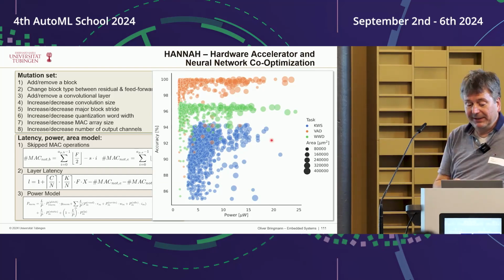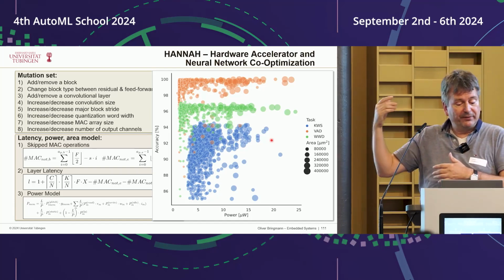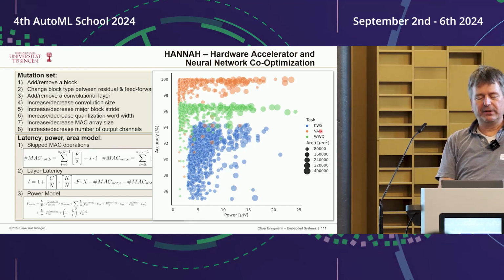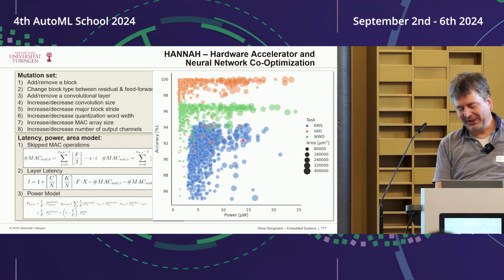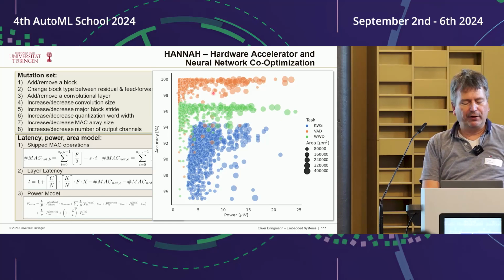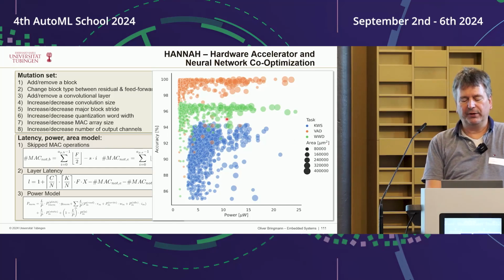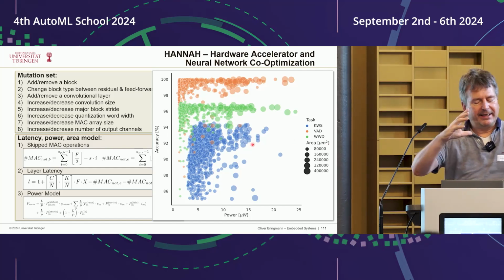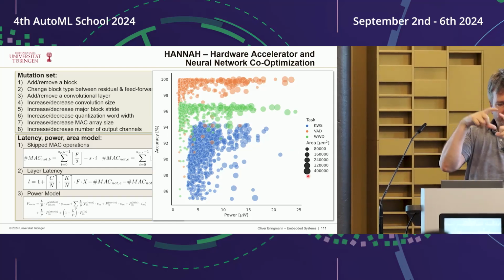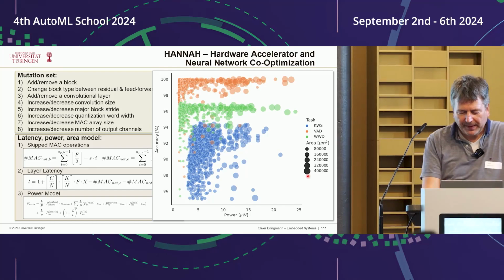What's interesting here is that we have 3 different neural networks explored in parallel. Blue stands for the audio use case keyword spotting. Orange tells you the data for voice activity detection, and green wake word detection. The area needed for hardware implementation is shown by the diameter of the circle.